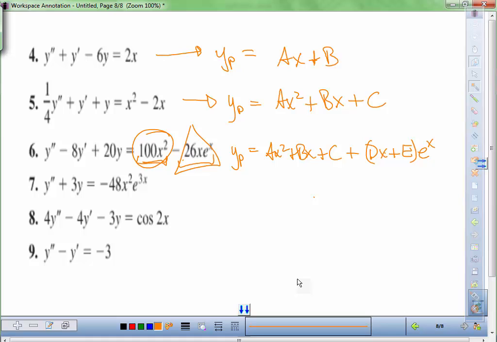So I think they write it like this, or sometimes if you distribute this, dx e to the x plus e to the x. Whoa, e and e. Well, capital E is a constant, and our little e's are our exponential friend.